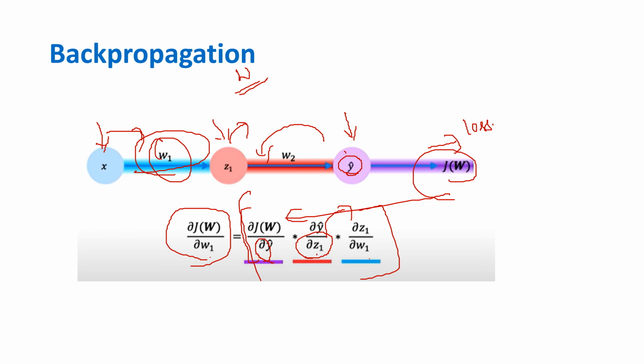So all these are multiplied in a chain, and this is actually calculated. Using this and the gradient descent algorithm, we travel backwards for each and every layer. We keep doing this.